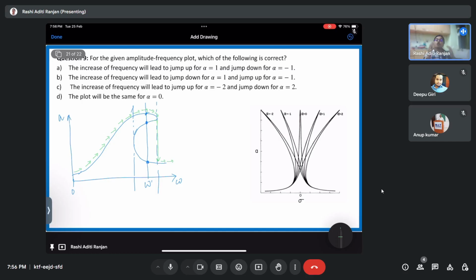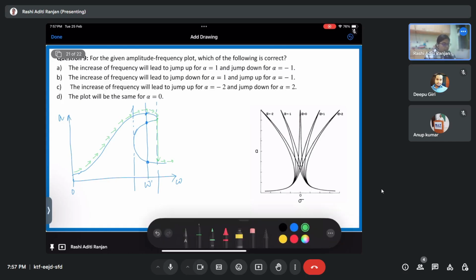So when I am increasing the frequency, my amplitude increases, and from this point, for a very, very small change of omega, it jumped down from a higher value of amplitude to a lower value of amplitude and then continued along the path.